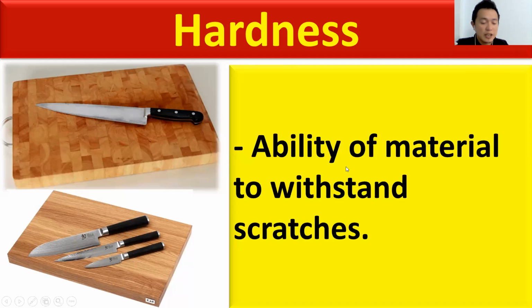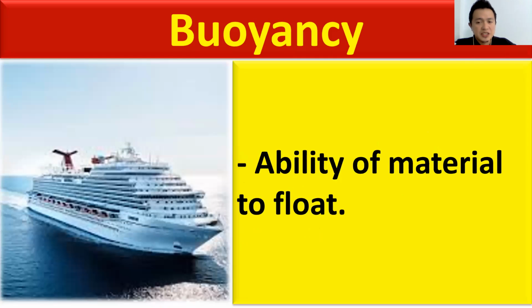So hardness is the ability to withstand scratches. Buoyancy is the ability of material to float. Look at the ship. The ship is floating on the water because of the property called buoyancy.